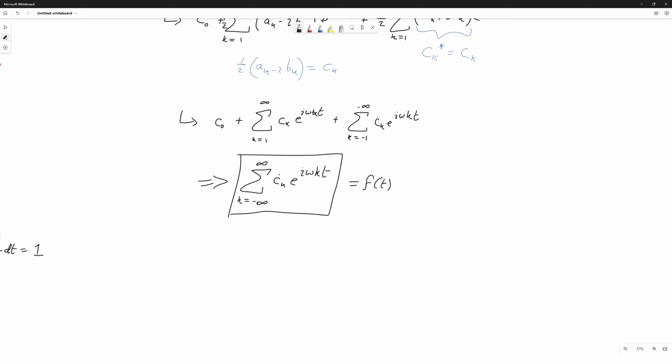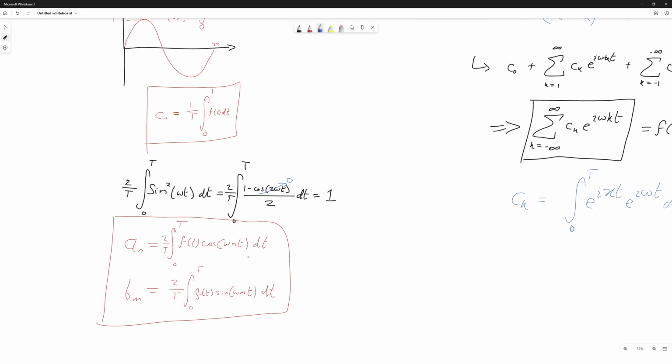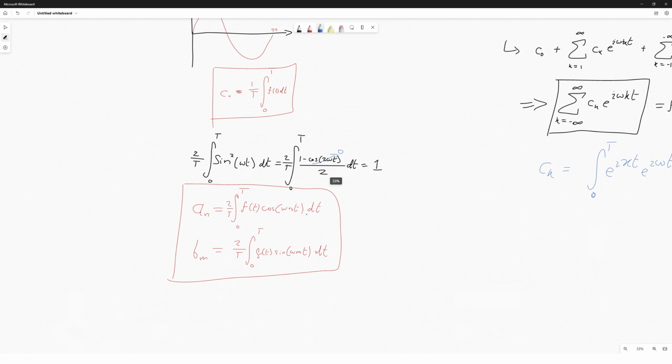Now we have a big question of how do we calculate c sub k. Well, let's try the same logic as before, where we have two not sinusoids, but complex exponentials. So we have x t, and then we have e to the i omega t. If x and omega are not equal, this integral has quite a small value, just as with these integrals.